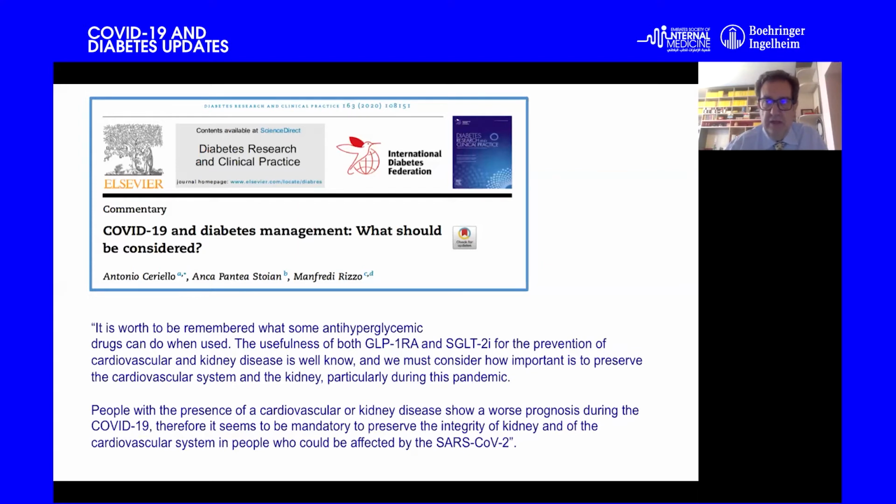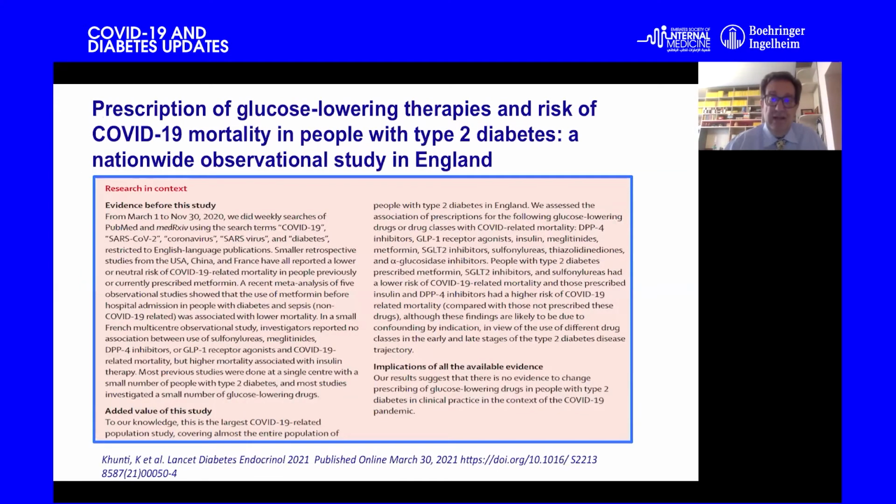There was a huge debate, a lot of fear in people with diabetes, but now it's clear. This is a paper just published a couple of months ago, confirming that the evidence suggests that there is no reason to change the therapy in people treated with anti-hyperglycemic agents until there is a clear contraindication, but not because COVID-19 is a contraindication, but because during the disease some sort of contraindication can emerge.